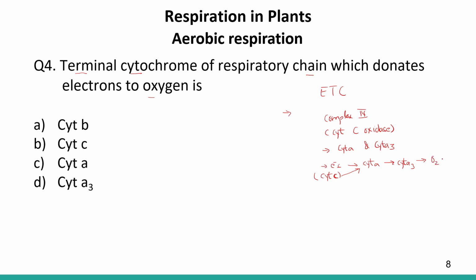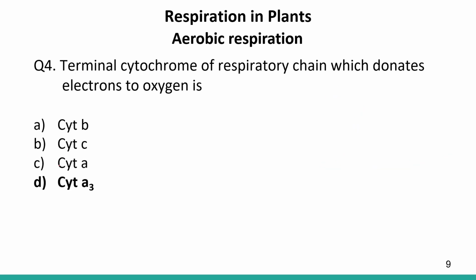oxygen. Hydrogen atoms and electrons are accepted by oxygen, and water is produced. So this is known as terminal oxidation. They are asking about the terminal cytochrome, the last cytochrome.